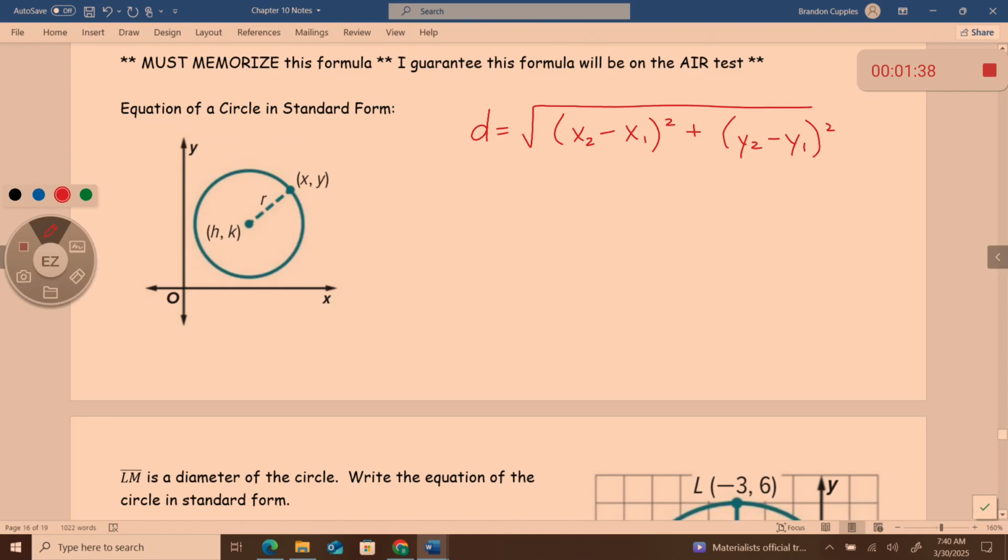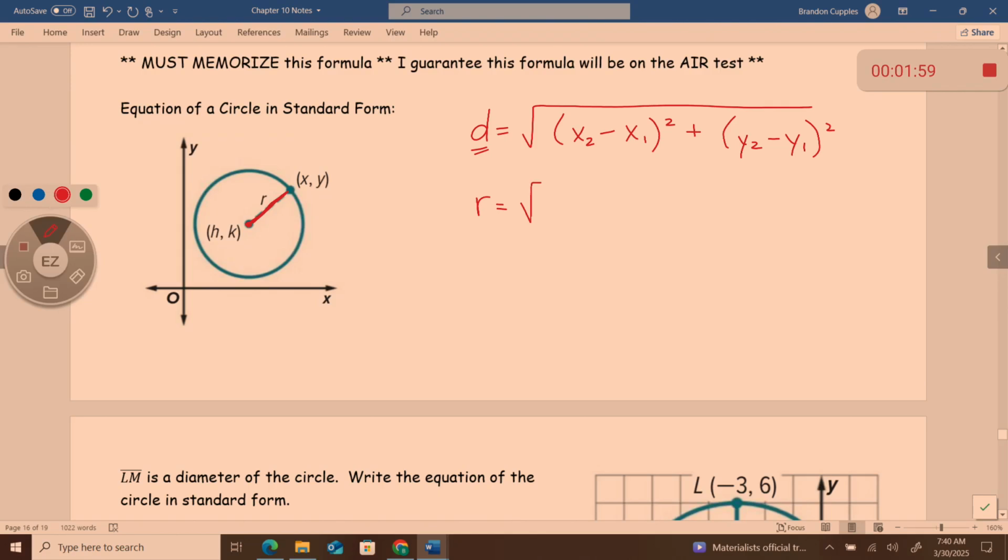So the distance that we're referencing here, folks, when it comes to the circle, is the set of all points a given distance. Remember what that given distance was? It was the radius from a point. So I'm going to replace the letter D with the radius.